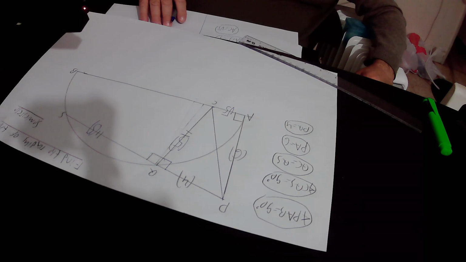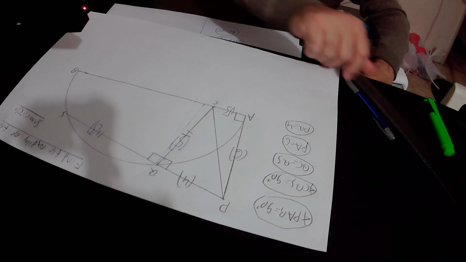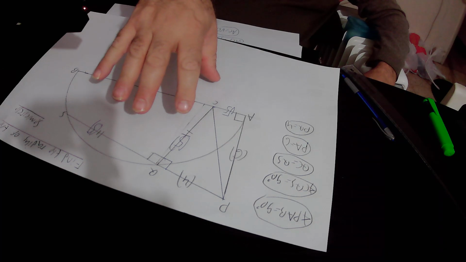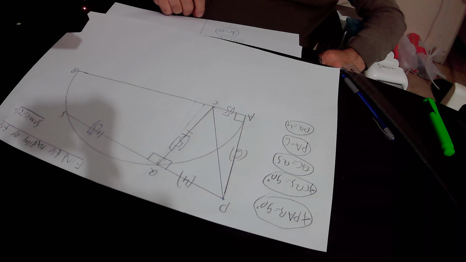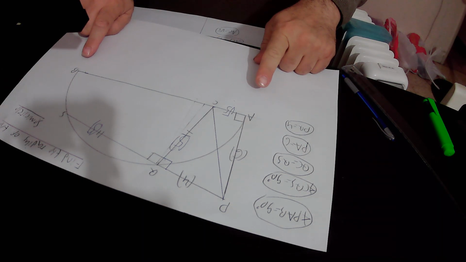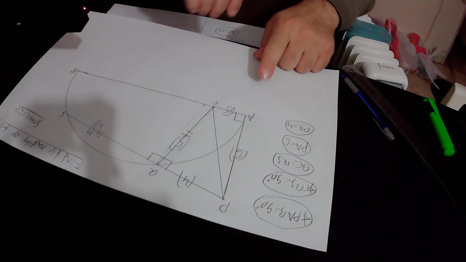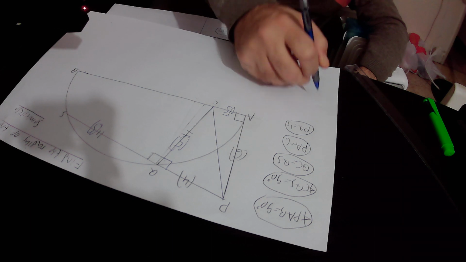Okay, so we know that this is a semicircle. For that reason, AB must be the diameter of this semicircle. So I write it down.